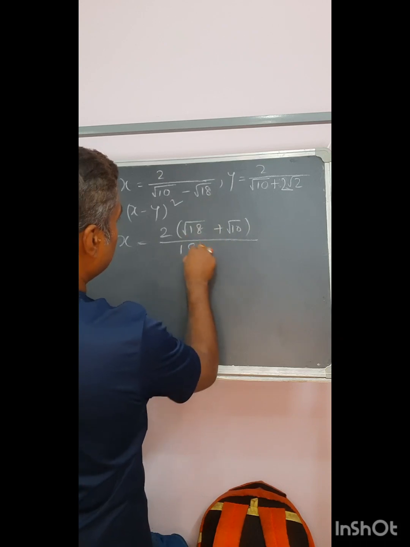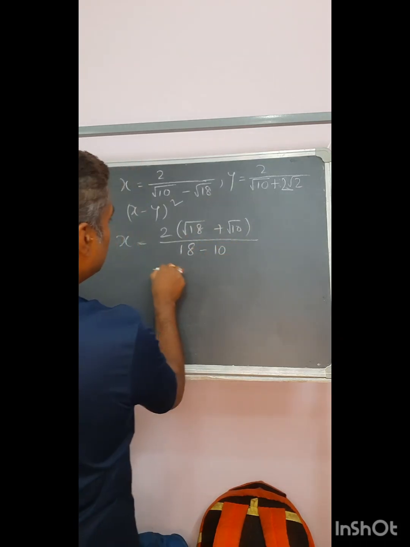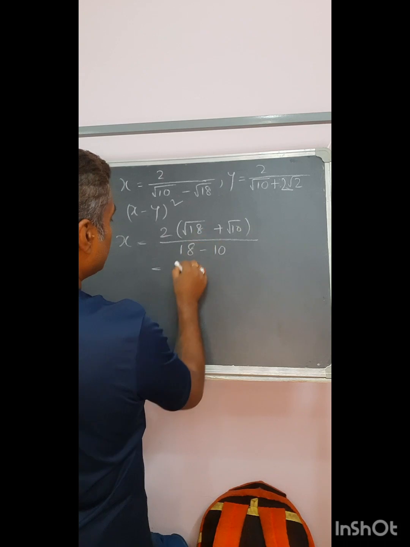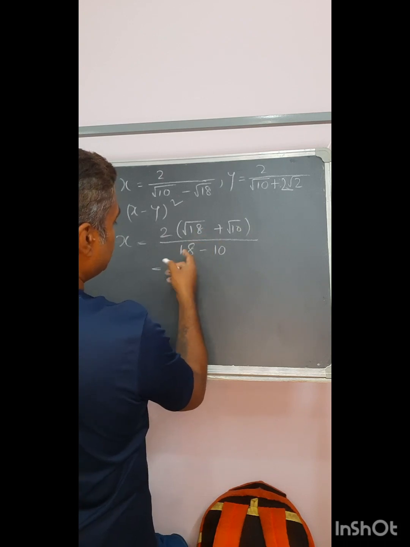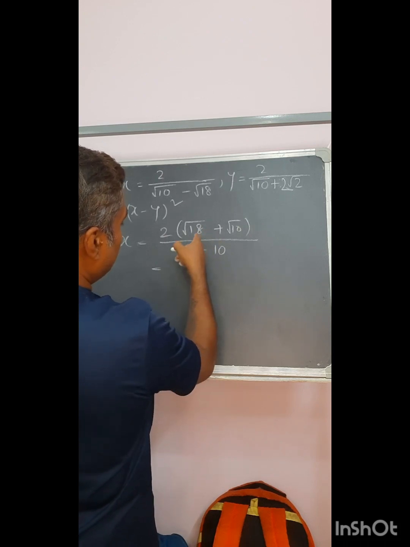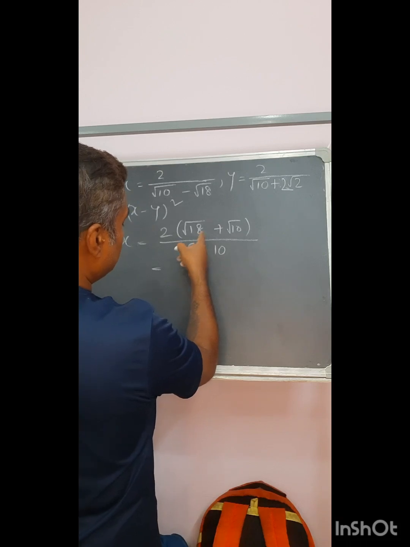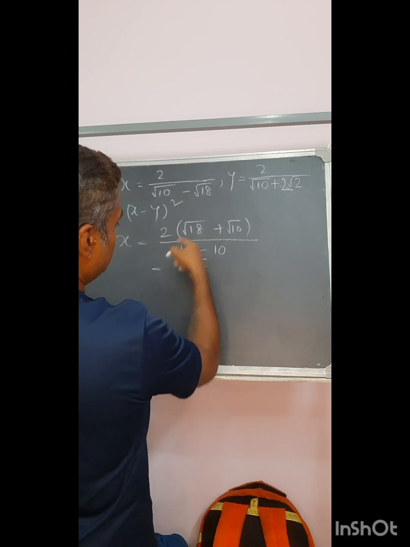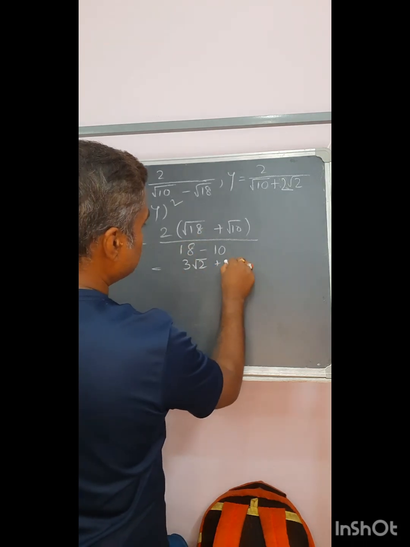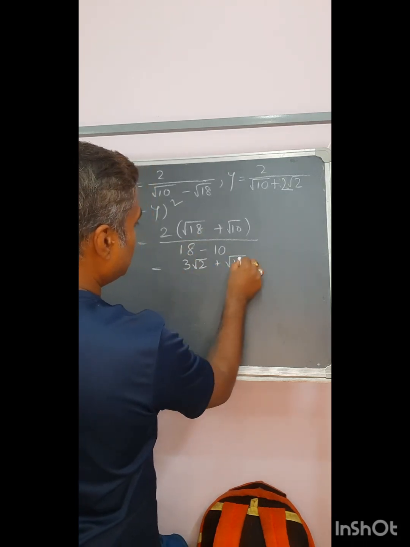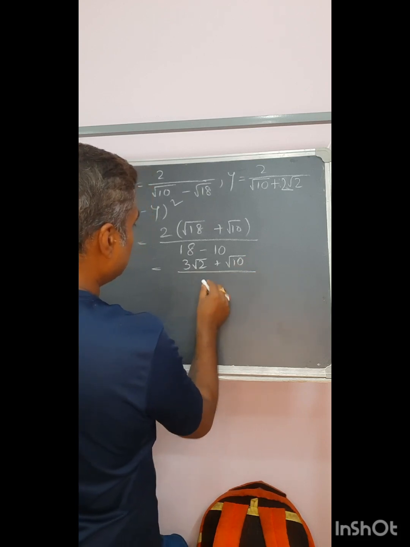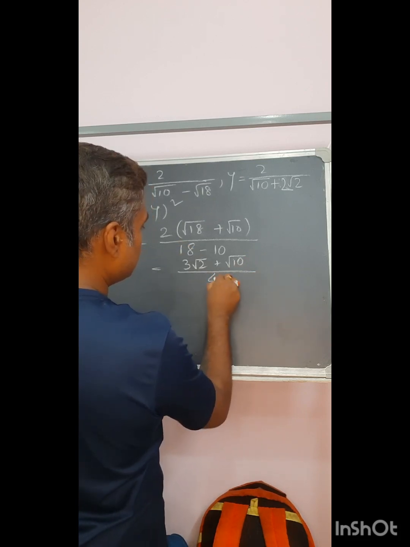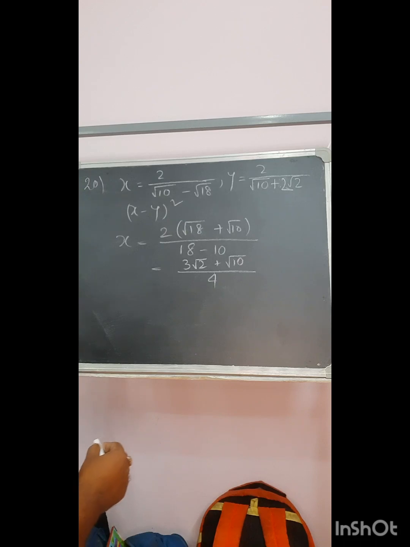So it will be 18 minus 10, which ultimately becomes 8, meaning 4 will come at the bottom. Here 18 is 9 into 2, so 3 root 2, so 3 will come out, and here it is root 10. The root 10 is a pure surd, it cannot be eliminated. Now it is 4 at the bottom.